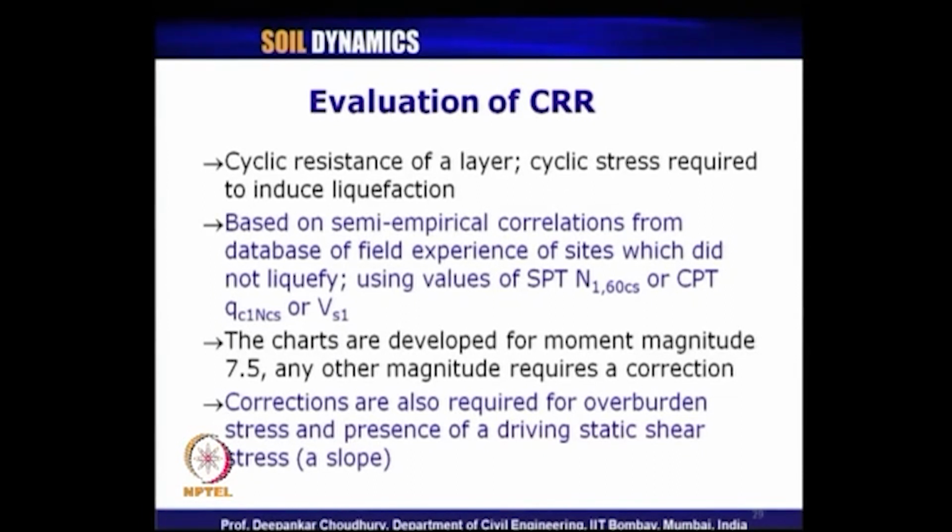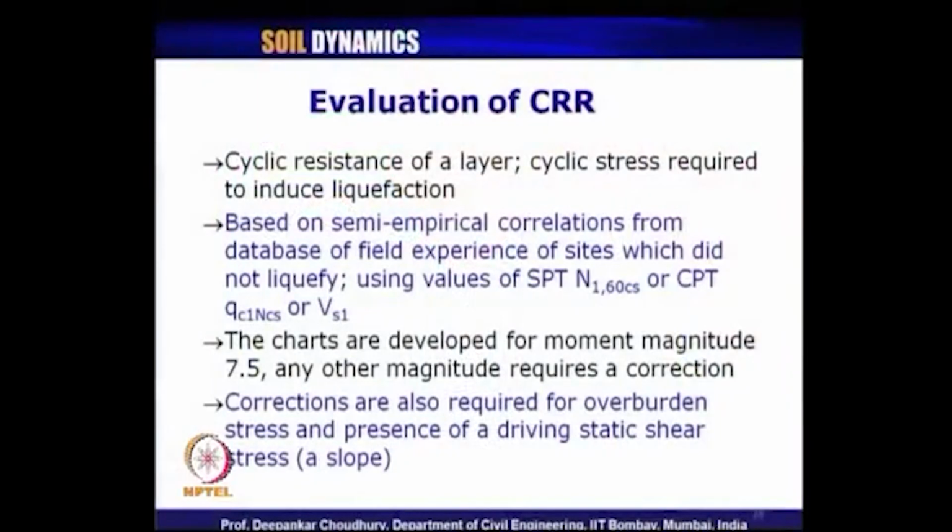But that created several confusions among researchers or practitioners basically, that is factor of safety is ratio of CSR by CSR, CSR 7.5 by CSR. So, that is why Youd et al. 2001 proposed the modified expression of factor of safety as CRR 7.5 by CSR.